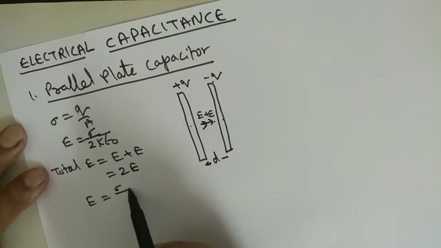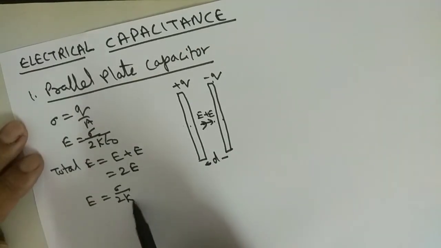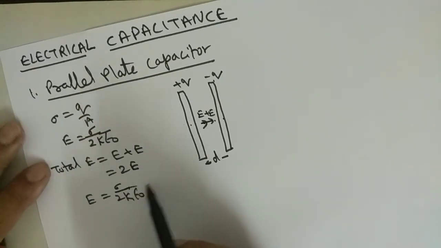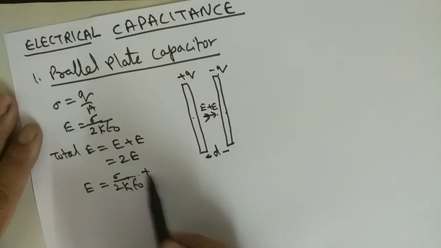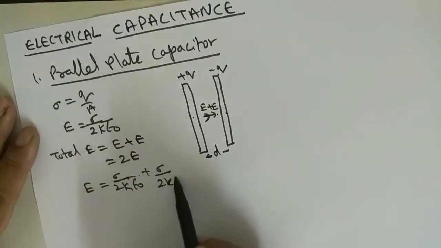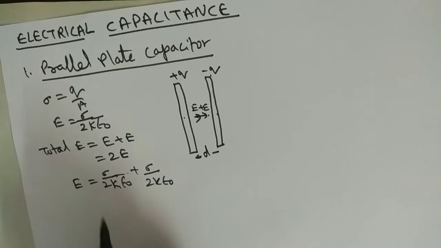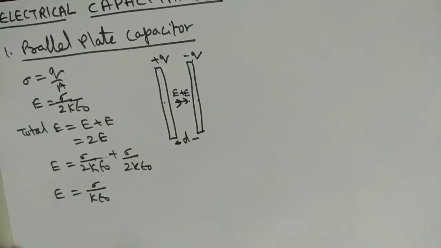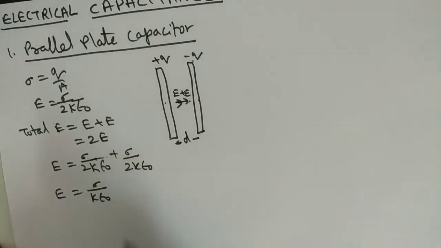That is sigma upon 2k epsilon naught plus sigma upon 2k epsilon naught, or we can write E equal to sigma upon k epsilon naught. Is it clear?